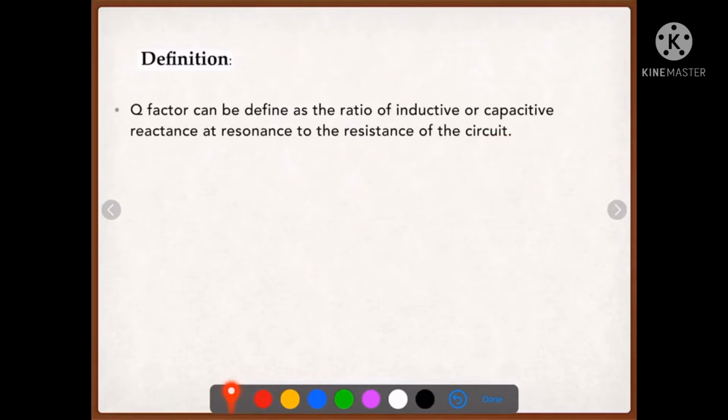So by the definition only we can understand the formula for Q factor. Q is equal to XL upon R, or we can say XC upon R. These are the very basic formulas which we can use for calculating the quality factor of any circuit.